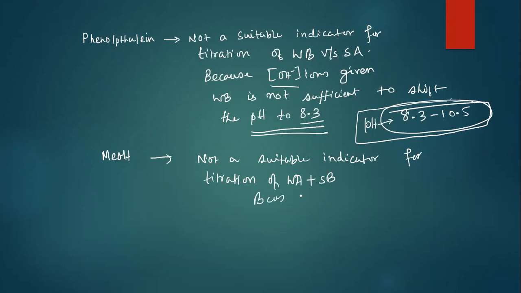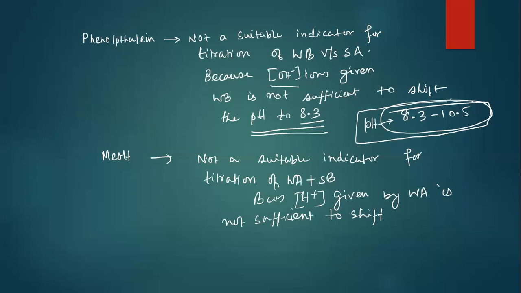Because the H plus given by the weak acid is not sufficient to shift the pH to what methyl orange requires, around 4.5. So 4.5 is not sufficient.